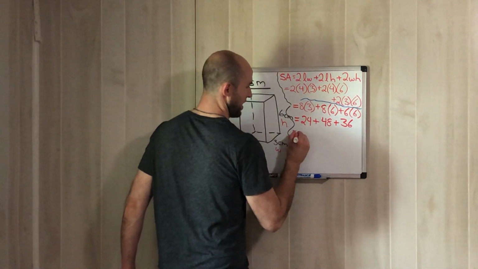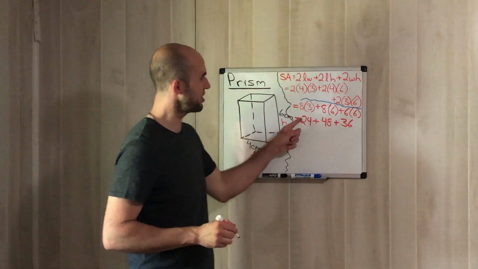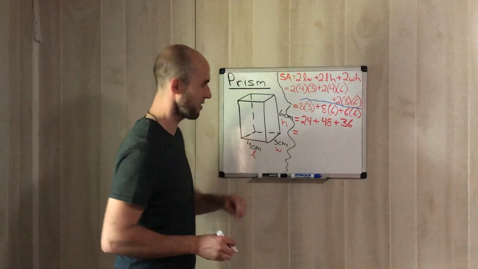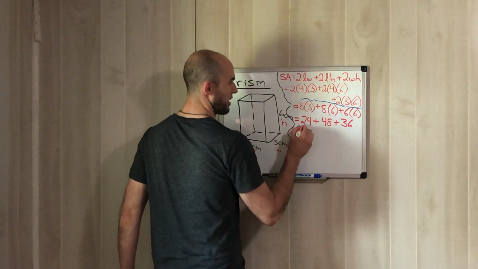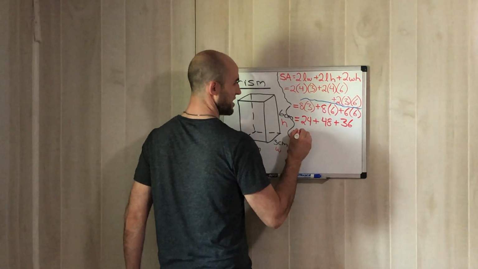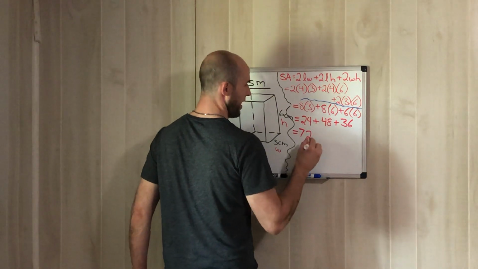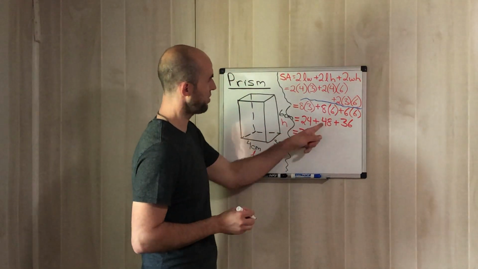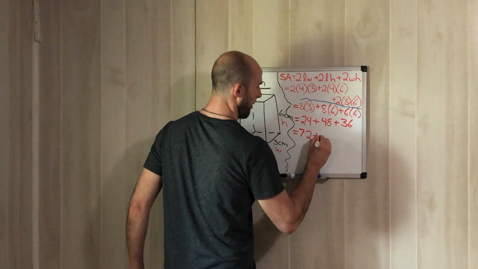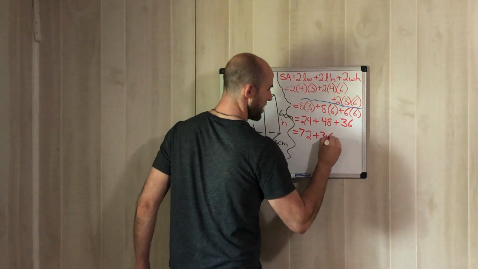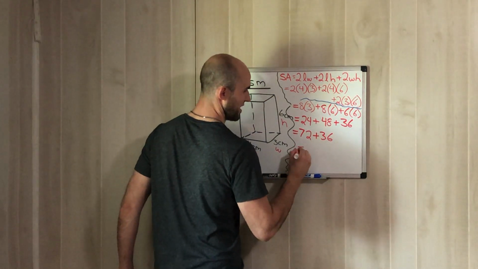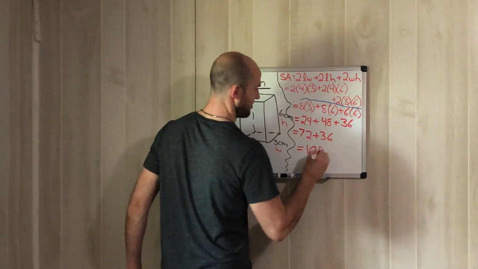It's up to you. And now once we get to this last stage, it's just adding up those 3 numbers, right? And so if you were to do 24 plus 48, it gives us 72, right? So I did 24 plus 48 gave us 72 plus 36, right? And 72 plus 36 equals 108, right?